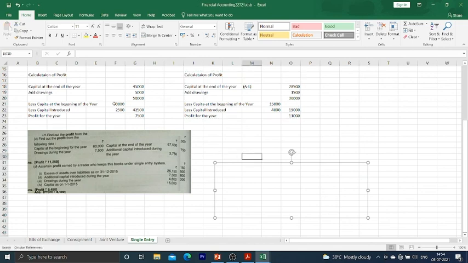Capital at the beginning of the year, 60,000. Drawings during the year, 7,500.